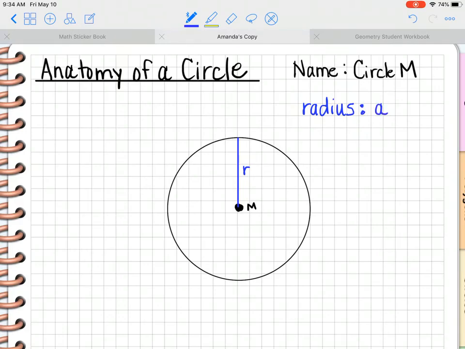Radius is a line segment that runs from the center to the edge of the circle.